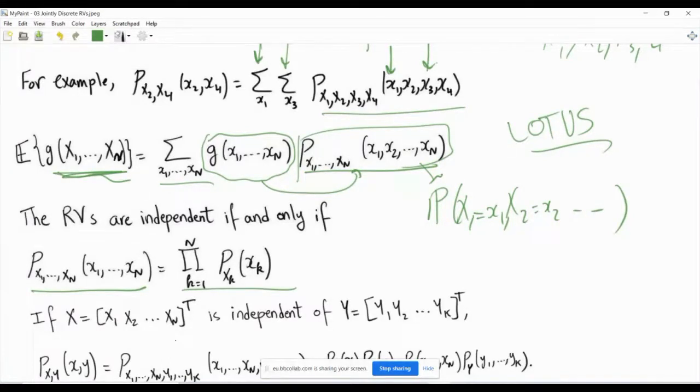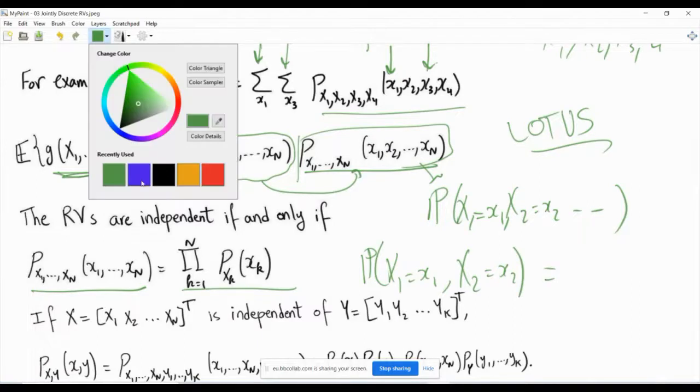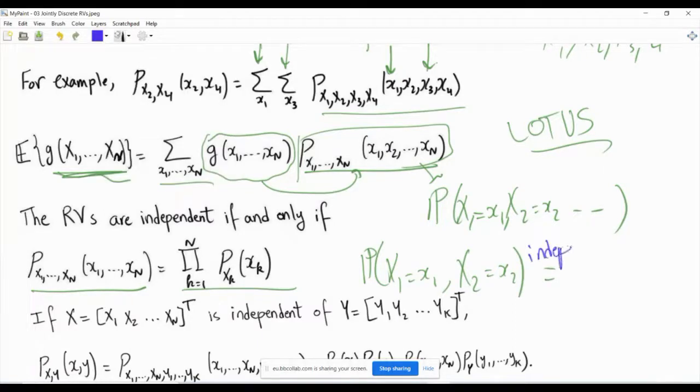So if you have two random variables and independence, you can write the joint probability that X1 is equal to small x1 and X2 is equal to small x2 as the probability that X1 is equal to x1 times the probability that X2 is equal to x2, and this holds for every x1 and x2.